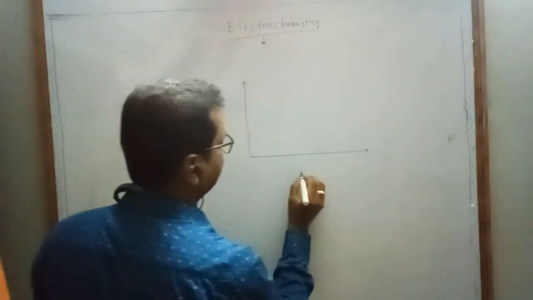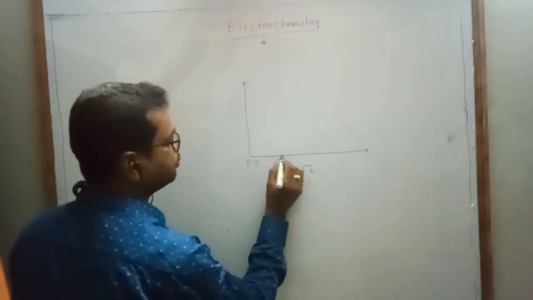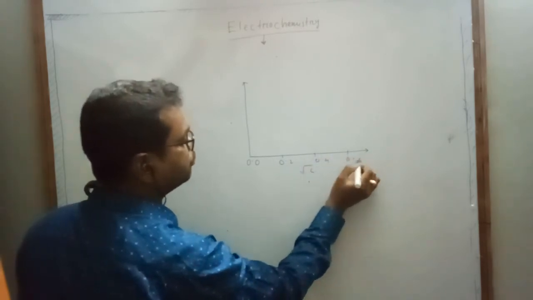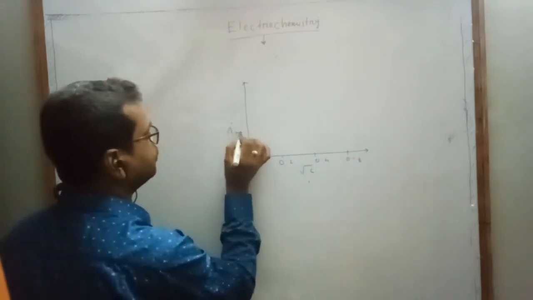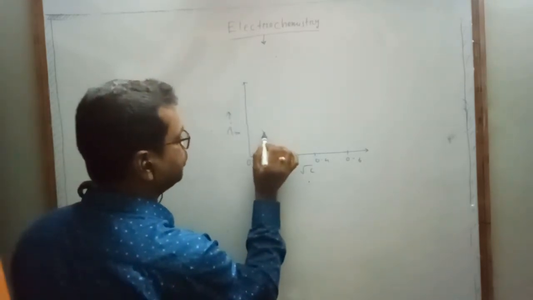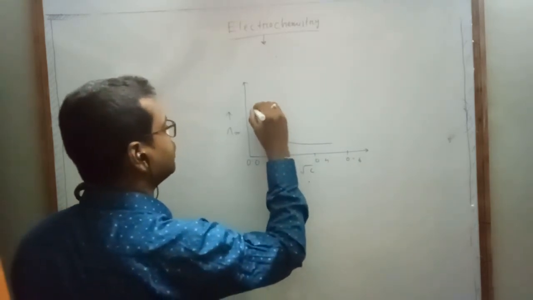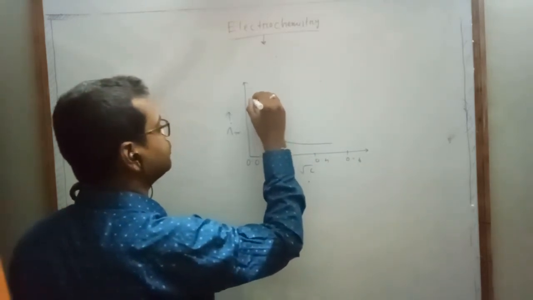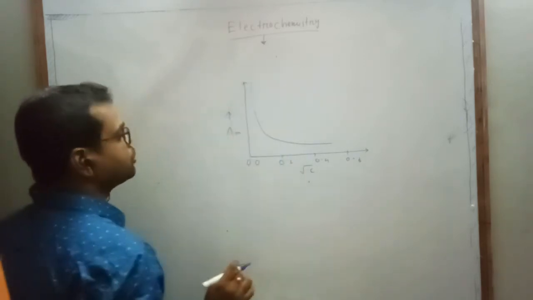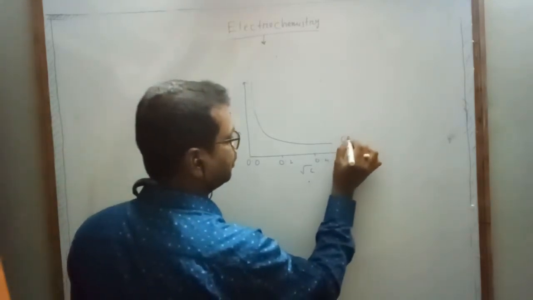If you plot, this is under root C concentration, 0.2, 0.4, 0.6, and this one is molar conductivity. For your weak electrolyte, the molar conductivity increases sharply, but it is not going to intersect the y-axis.